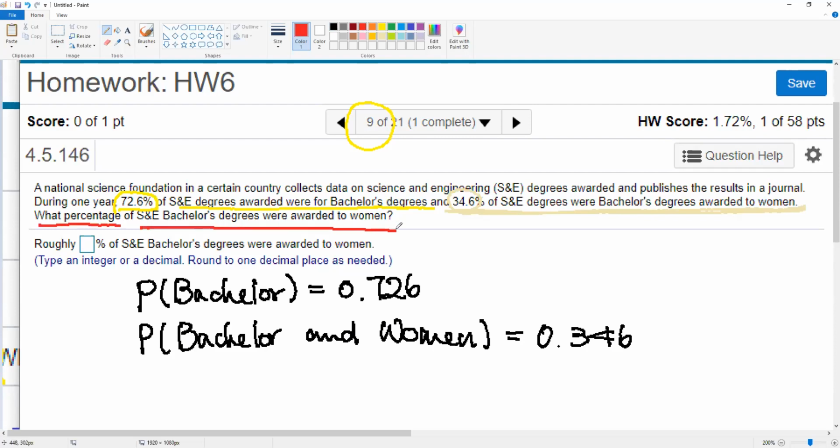And the question is this. For me, it's not clear. It described the bachelor degree awarded to women, and this one is bachelor degrees were awarded to women. It's not clear for me, but the question asks us, what is the conditional probability, women given bachelor?